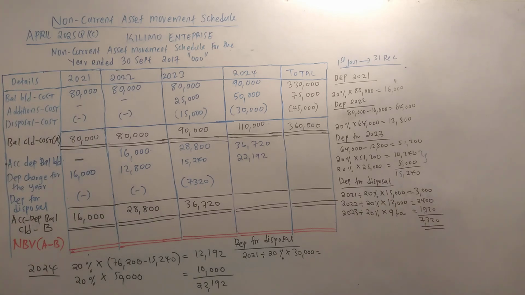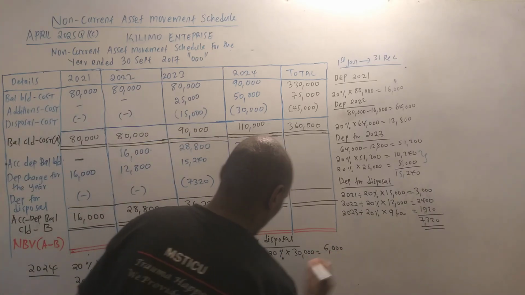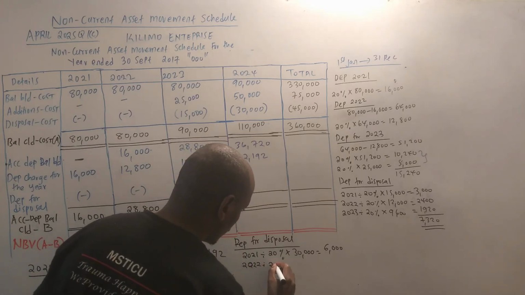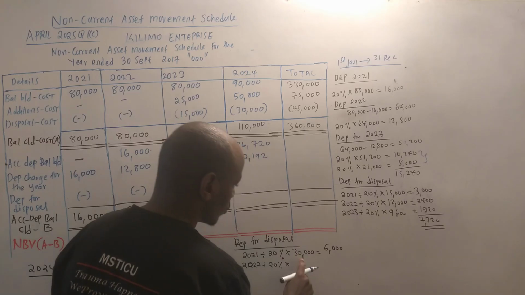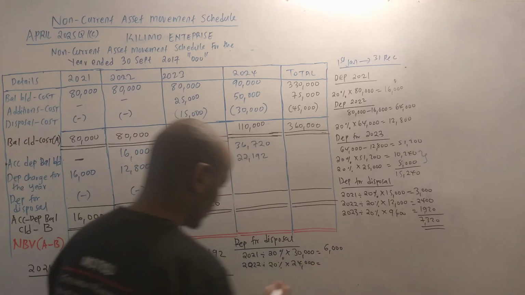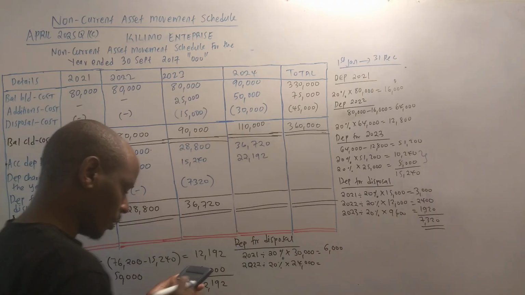So 0.2 times 30,000, that is 6,000. Then 2022, 20% times 30,000 minus 6,000, that is 24,000. So 0.2 times 24,000, that is 4,800.